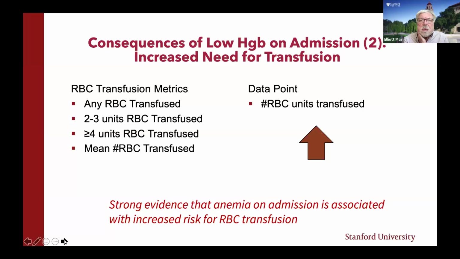All of these measures, the hemoglobin on admission, the QBL, and the units transfused are going to be available as supplemental data submissions that will be gone over by Melinda Kent and the MDC team in a few slides to follow. Next slide.